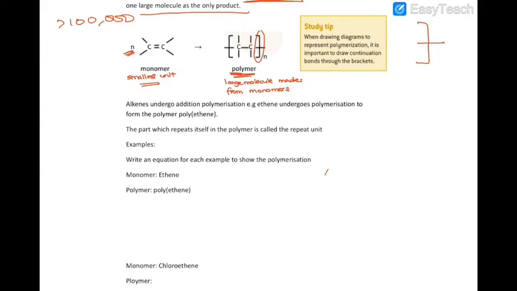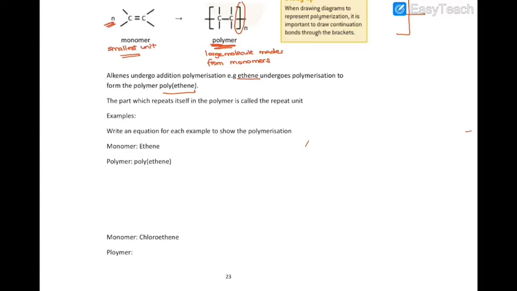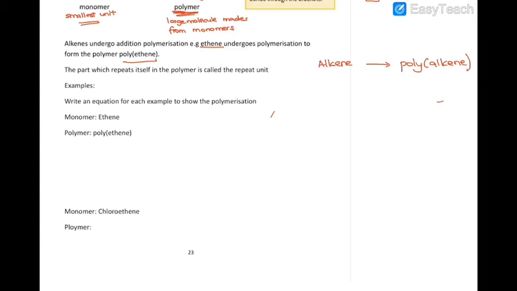Any alkene will undergo addition polymerization to form the corresponding polyalkene. So ethene will form polyethene, butene will form polybutene, pentene will form polypentene, etc.